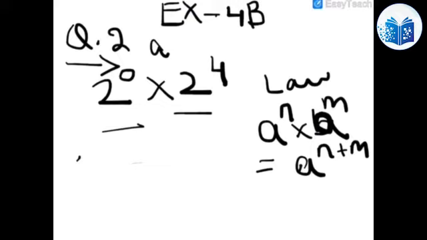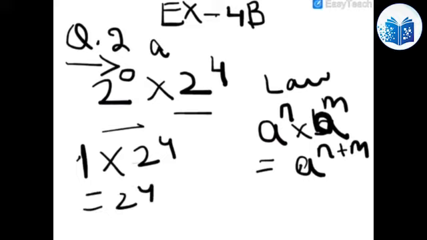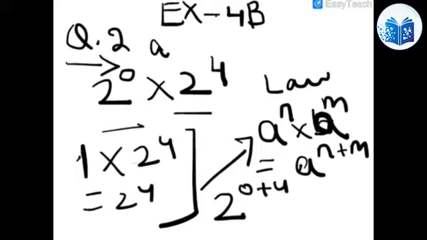There are 2 ways to do it now. One, we can simply write 1 into 2 power 4, which is equal to 2 power 4. Or we can use law number 1 and do 0 plus 4, which is 2 power 4. In both ways, you'll get the same answer. So you can use law number 1, or you can simply use the 0 indices law and solve it. In both ways, it's correct.